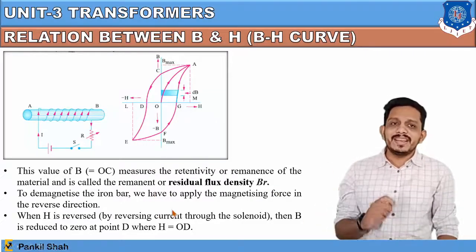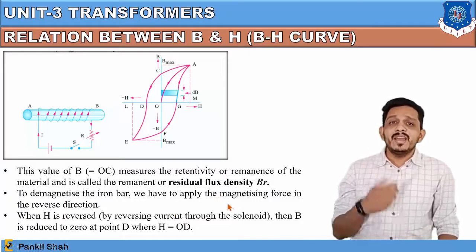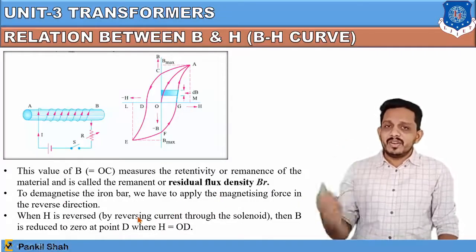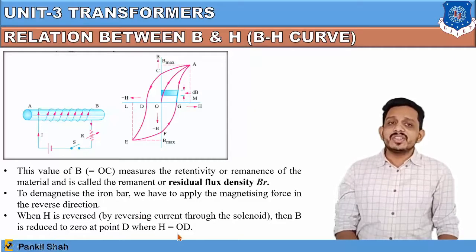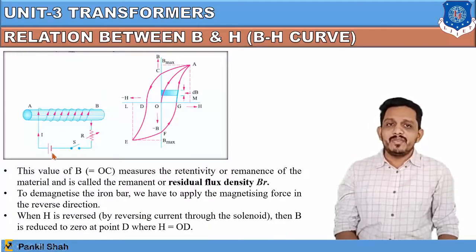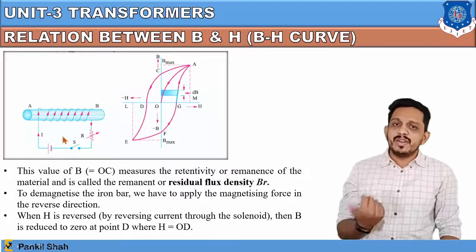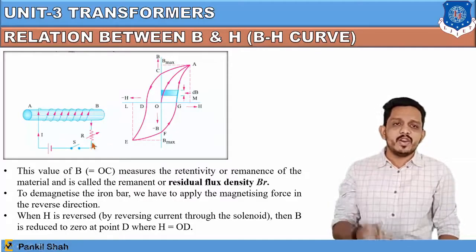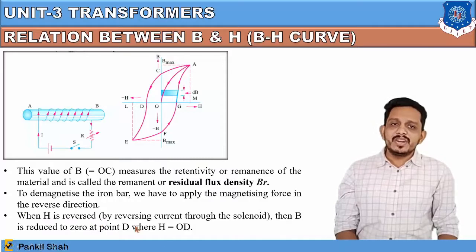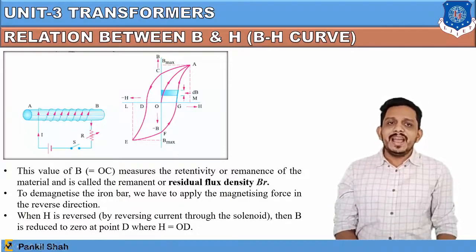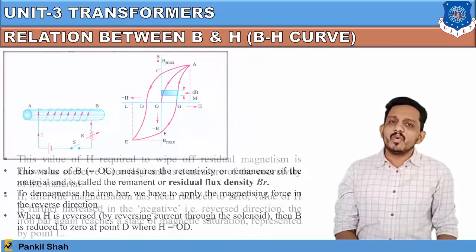To demagnetize the iron bar, we have to apply the magnetizing force in the reverse direction. H is reversed by reversing the current flowing through the solenoid, because here we have given the DC supply. So in case of DC supply, you have to reverse the polarity of the battery. B is reduced to 0 at point D, and this is OD, which is known as the coercive force.